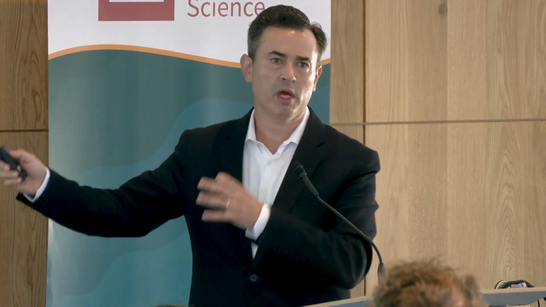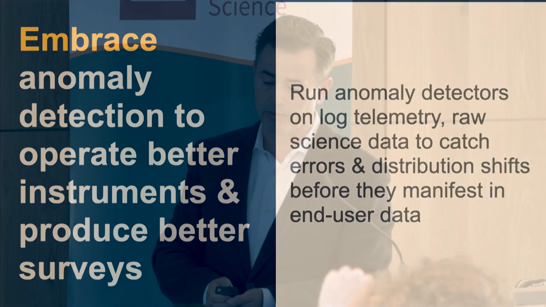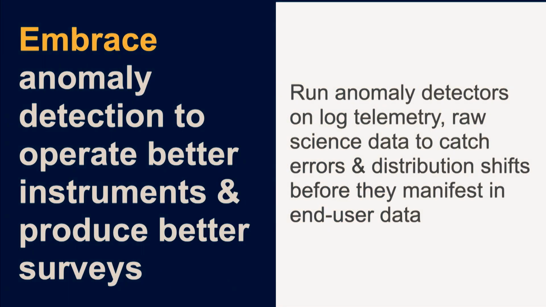And so maybe we should be thinking not so much about anomalies on this sort of final resting place of data that's been carefully curated for us in databases, but doing it upstream, running it on the telemetry of logs from these telescopes, running it on raw science images to catch those kind of weirdos, and to find the distribution shifts that those that are running these large facilities can identify before they wind up putting it into a database and cause people to write papers they shouldn't be writing.